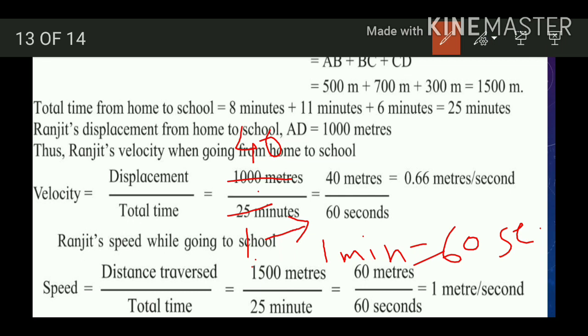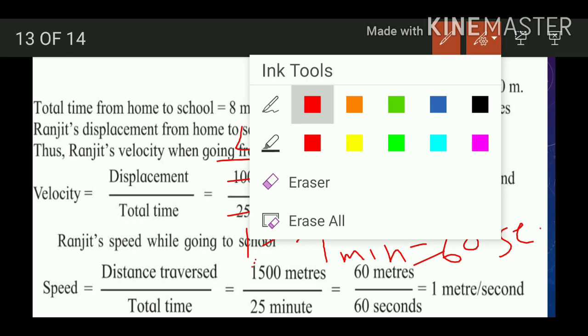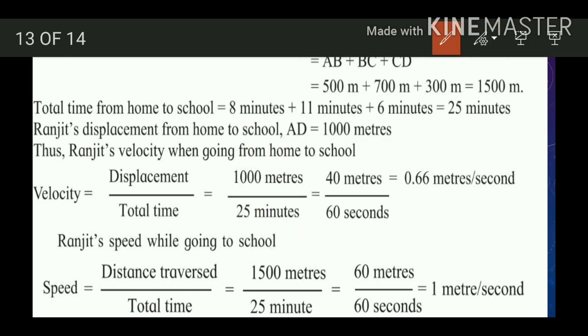Is it clear? We found 40 meters in 1 minute. So, 1 minute is equal to how many seconds? 60 seconds. So, 40 meters upon 60 seconds.